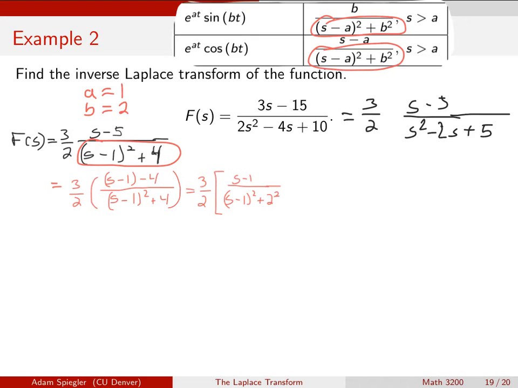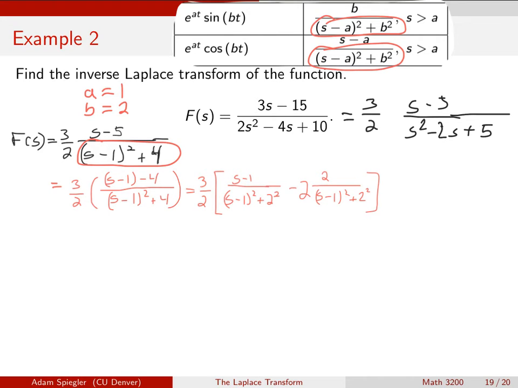But I still have 4 left over. And so if I take that minus 4 and write it like this, now I can cash in on knowing what the Laplace transform of e to the at times the sine function is.